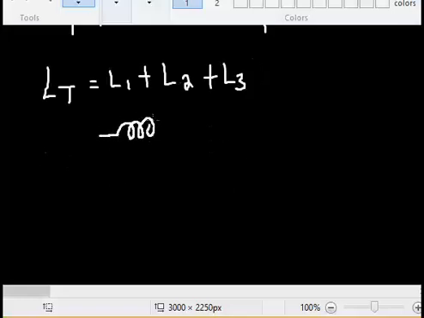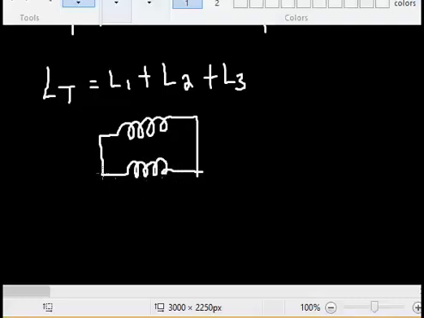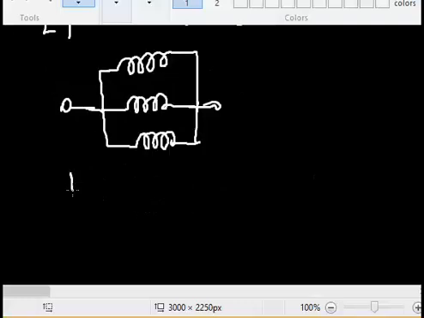Of course, in parallel, it is the same formula as that of resistors.